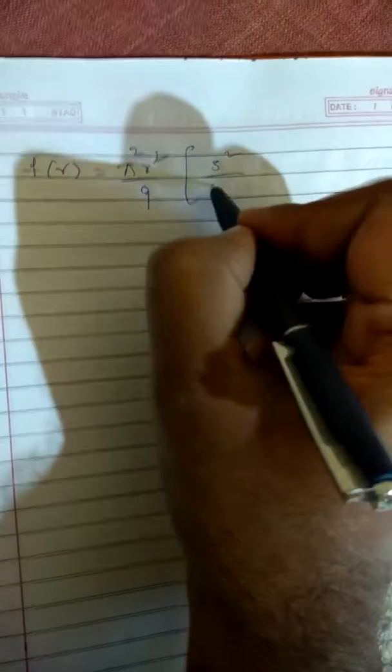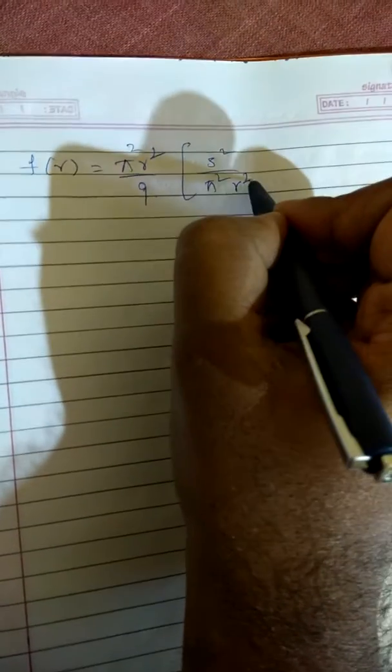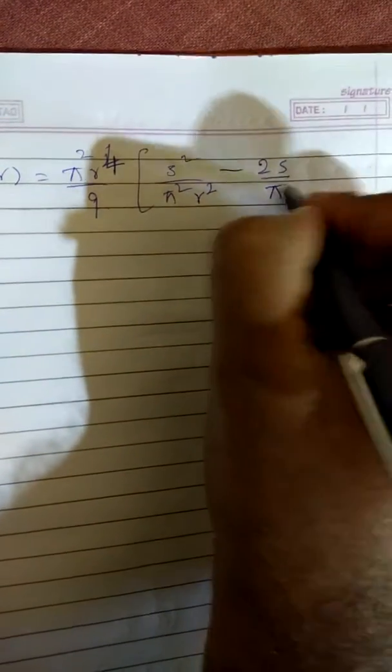Now the continuation, I finally got f of r is equal to pi square by 9 times S square r square by pi square, sorry, it is r power 4 in the previous step, minus, here r and r get cancelled, so minus 2S by pi r power 4.